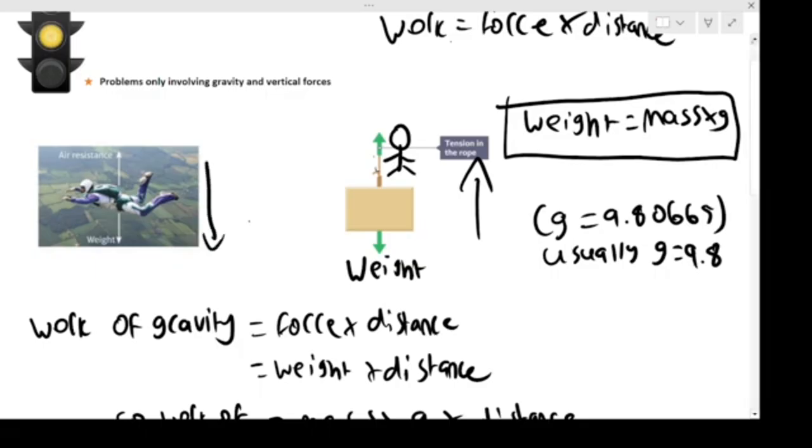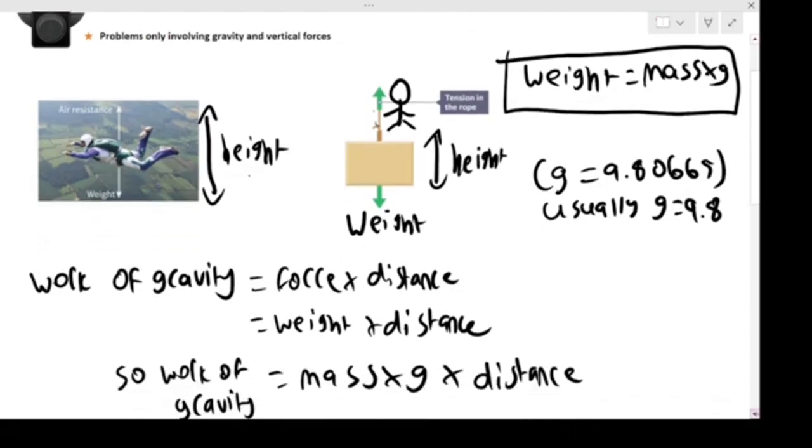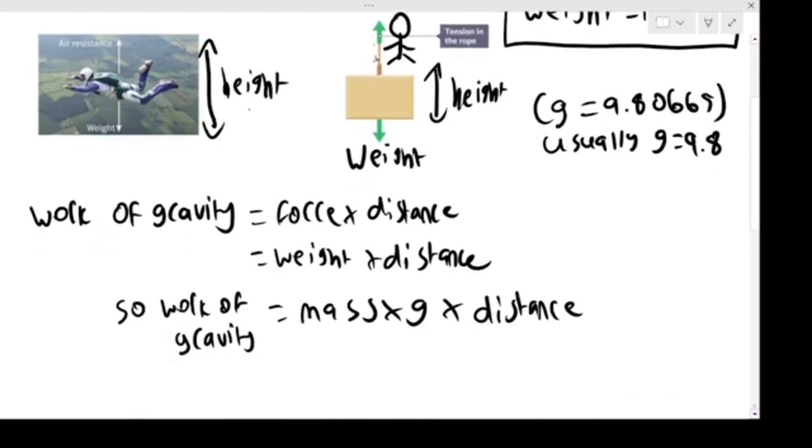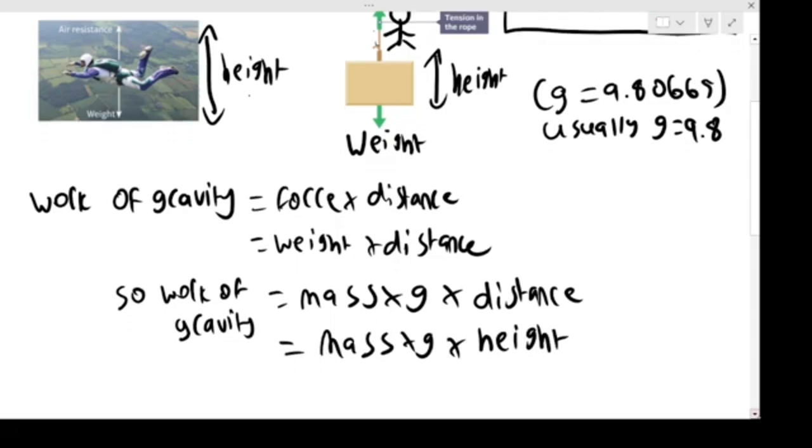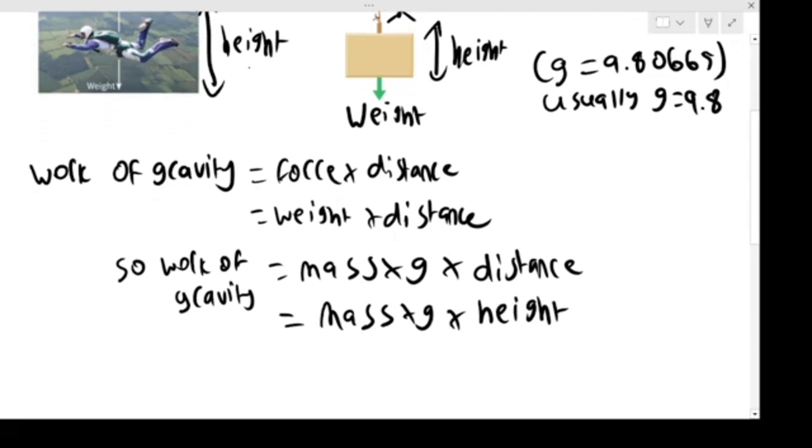So the parachutist is travelling down, that's the height. The box moving up and down, that's also the height. So how far up or down you move is the distance. So we can say that the distance is height. Height is vertical distance essentially.